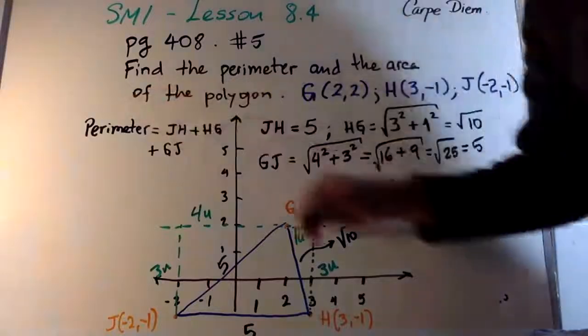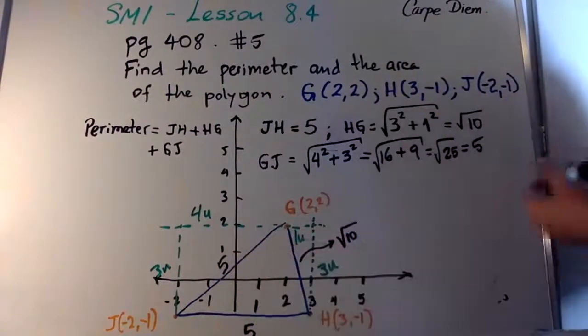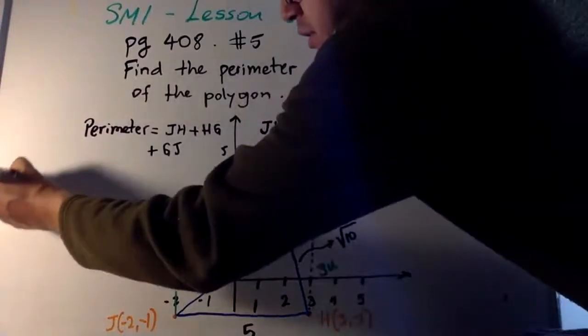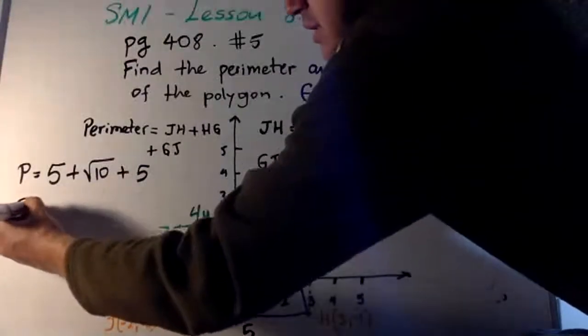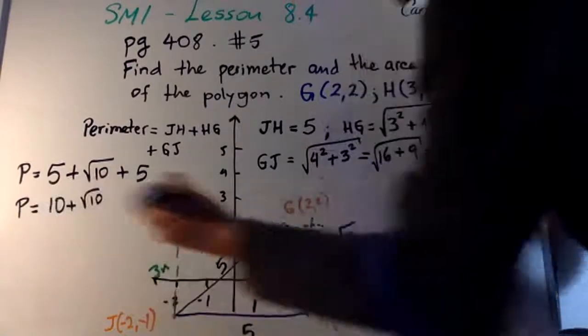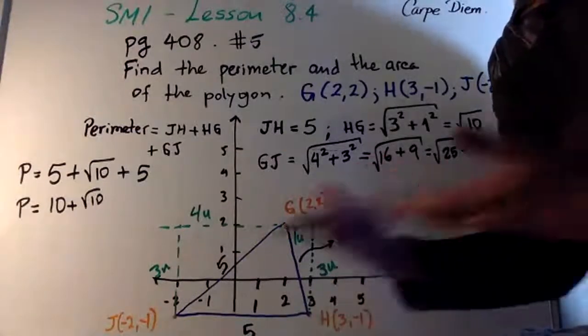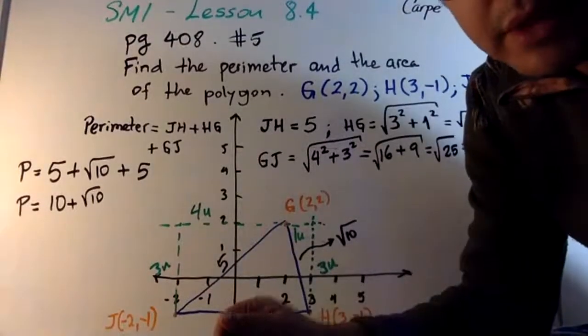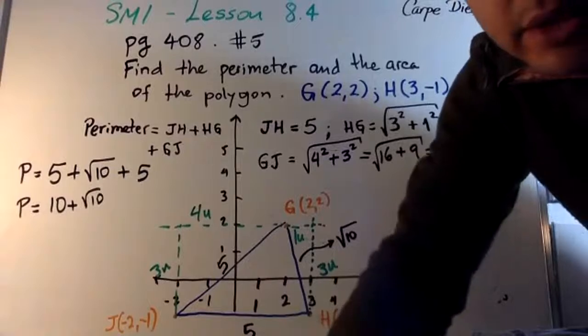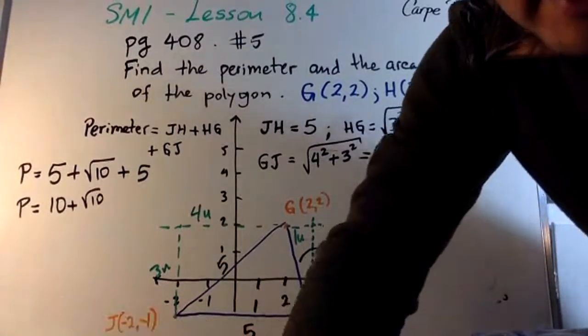So the perimeter of this triangle is just adding this segment, this segment, and this segment. So the perimeter is 10 plus the square root of 10. But if you are asked to give an approximate answer, what we would do is use your calculator.